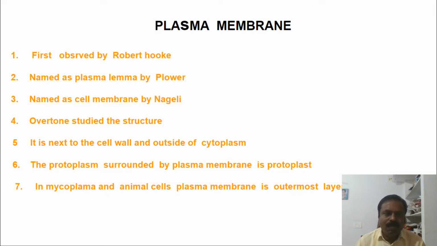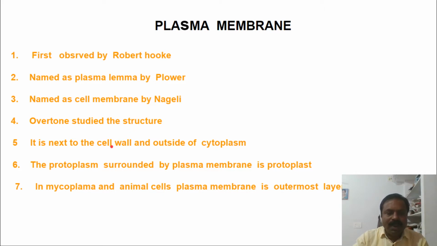It was named plasma lemma by a scientist called Nageli, and it was named cell membrane by Nageli. The scientist called Overton studied the structure of the plasma membrane well.